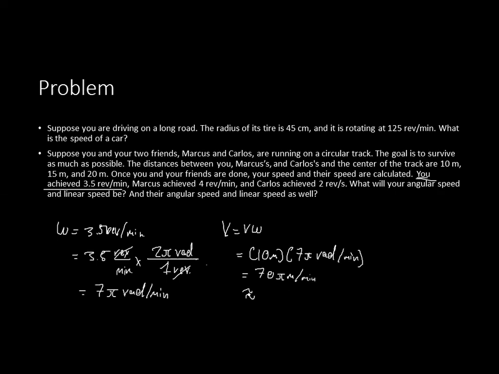But approximately, this is 219.91 meters per minute. So this is the answer, guys, okay? If ever I was wrong, because I sometimes tend to be forgetful, please go in here, okay? So yeah, I think that's it. That is all.